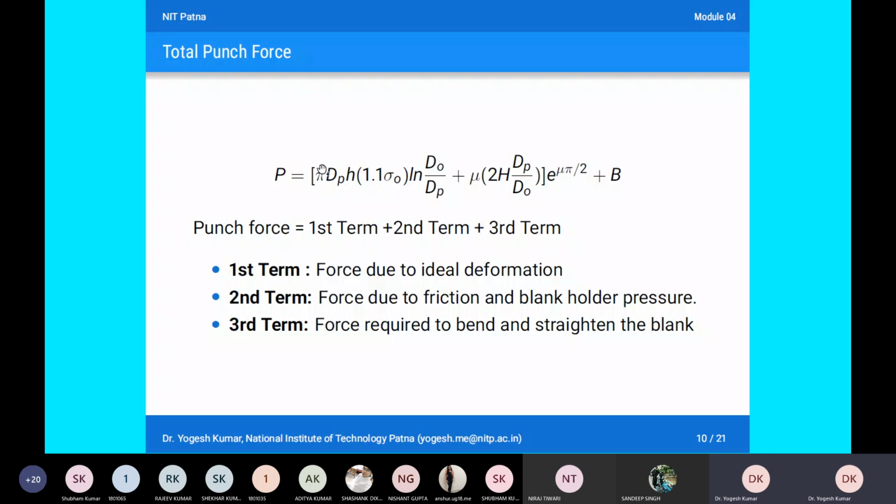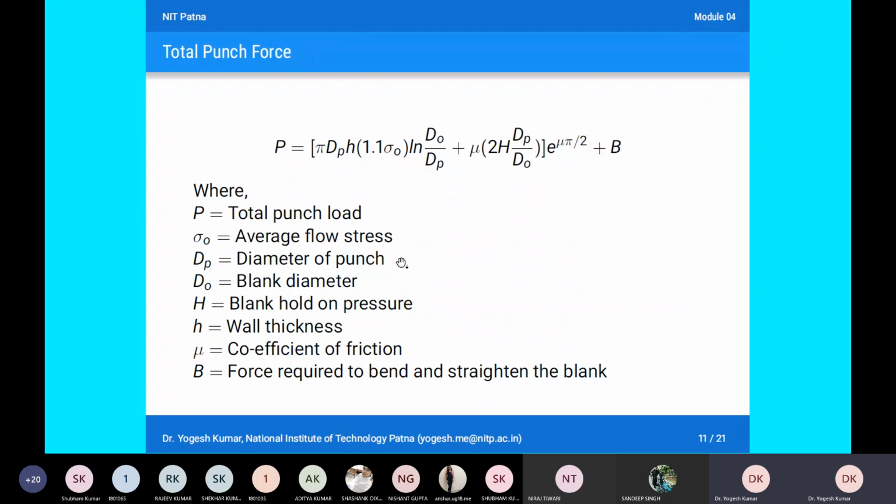Each term will be given to you, and you have to remember this formula for calculating your punch force. In the next slide I have mentioned what each symbol is. P is your total punch force, sigma 0 is your average flow stress, dp is the diameter of the punch, then do is your blank diameter.